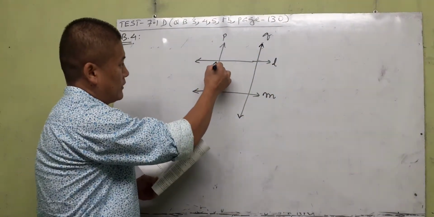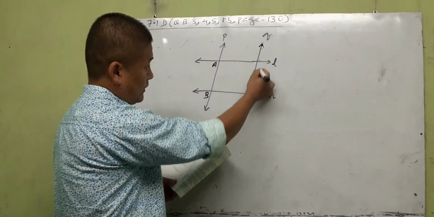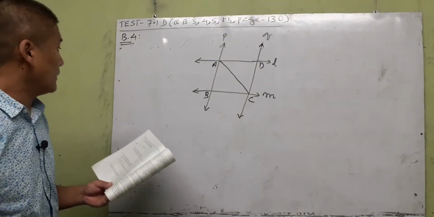These points are mentioned as A point, B, C and D, and the diagram is given as such, joined. So let's write a given.